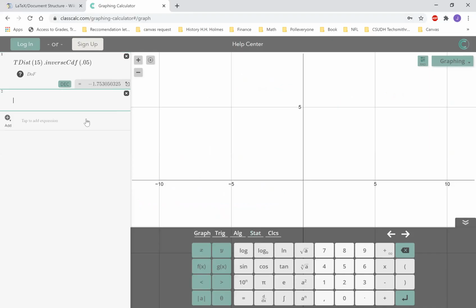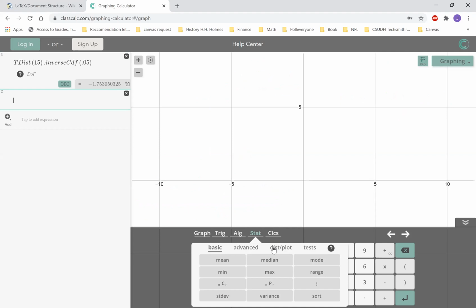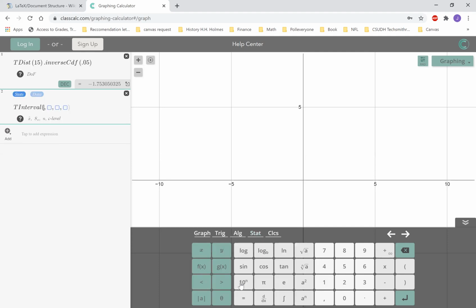So in class calc, we want to go to stats, we want to go to tests, and we want to go right here where it says T interval. So right here you say X bar was 162. S was 10. So you put 10 for S. Then N is 16, if I remember correctly. And lastly, confidence level was 0.90.